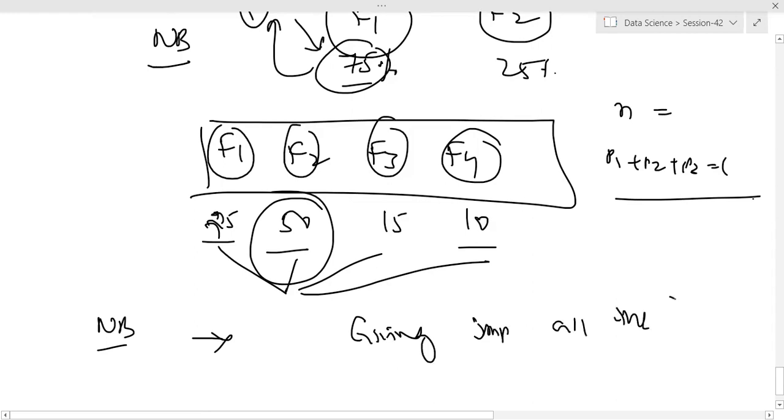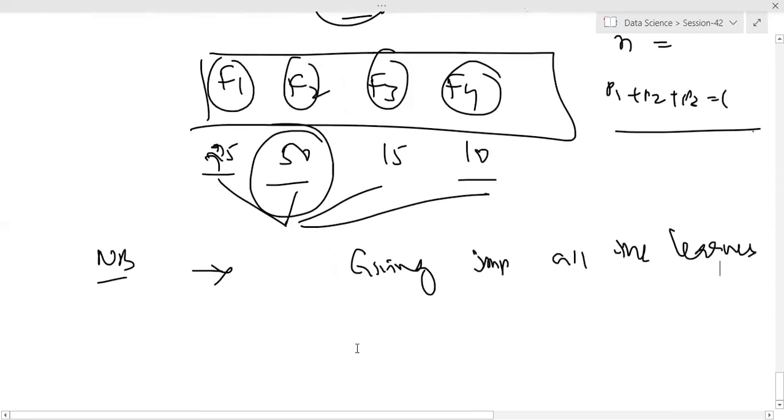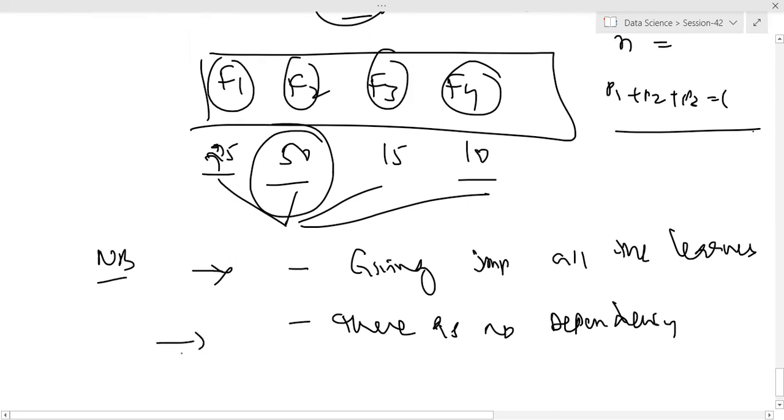There is a condition that all are independent, there is no dependency. That's what I said: naive Bayes is the alternative name.